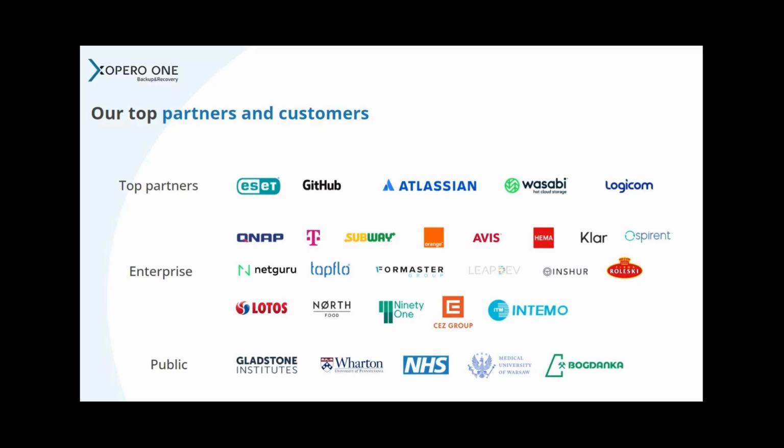With them, we work to provide backup for DevOps environments. That's another backup product from us, called Git Protect, which will not be our main focus today, but we can always schedule some individual demo for you if you are interested in a backup solution for DevOps environments.